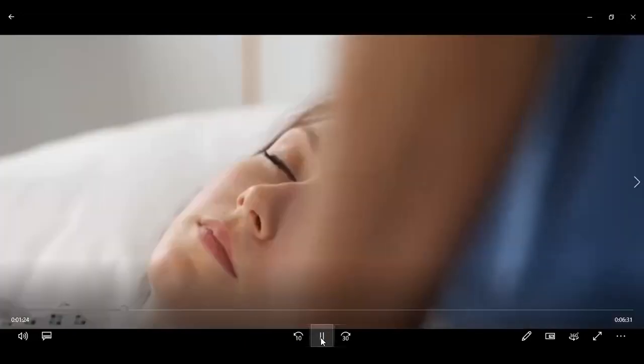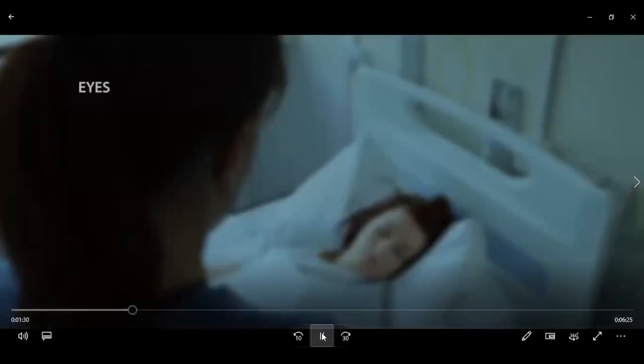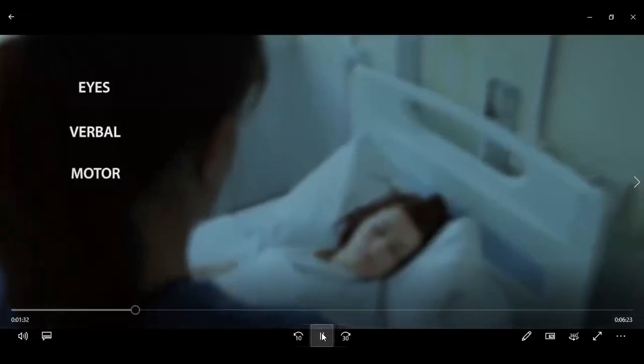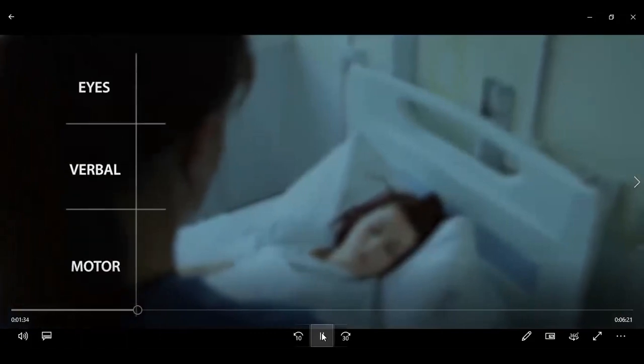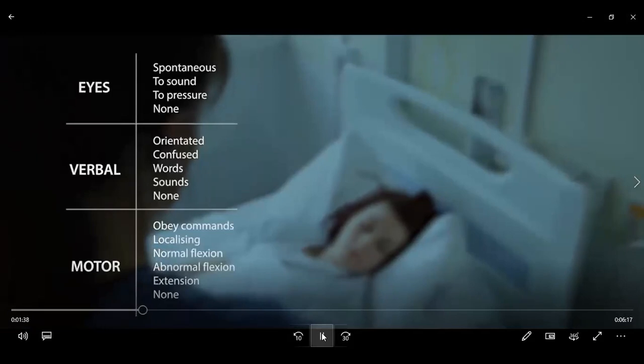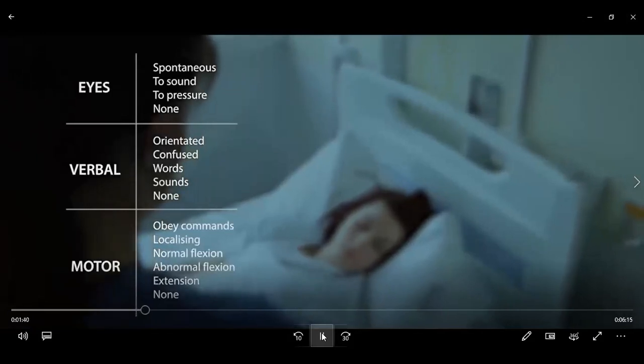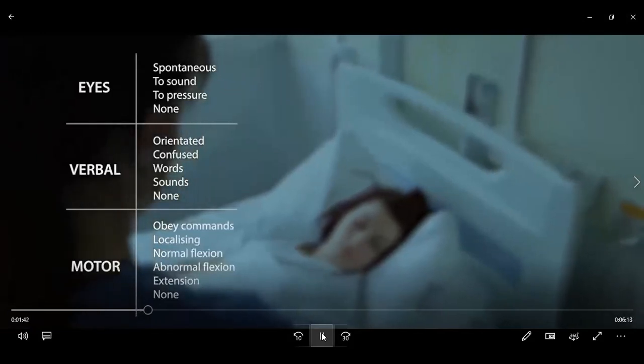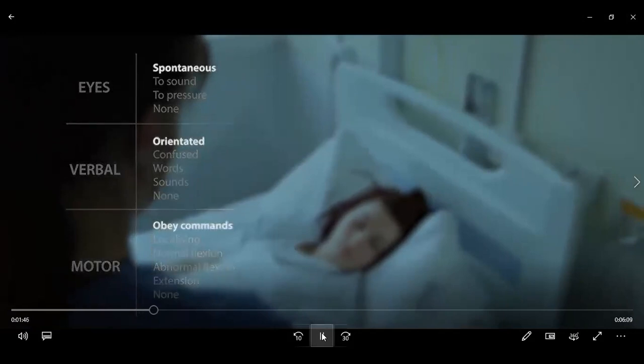Following these preliminary checks, we observe the patient, noting any spontaneous behaviours in any of the three components of the scale: eyes, verbal, or motor. The patient is rated in each component by matching findings with the corresponding criterion. There are 4 criteria for eyes, 5 for verbal, and 6 for motor score. For each component, the top criterion is a normal response, whilst the lowest criterion is no response.